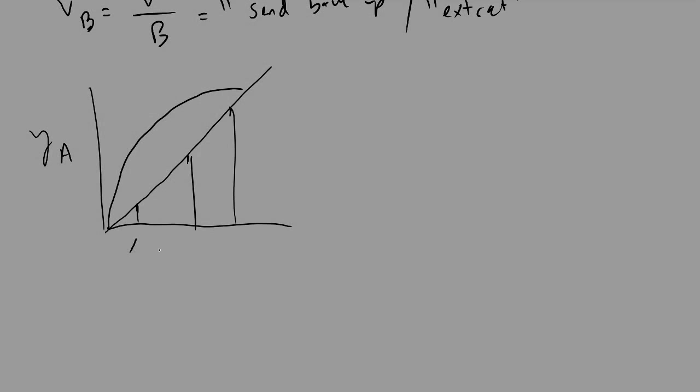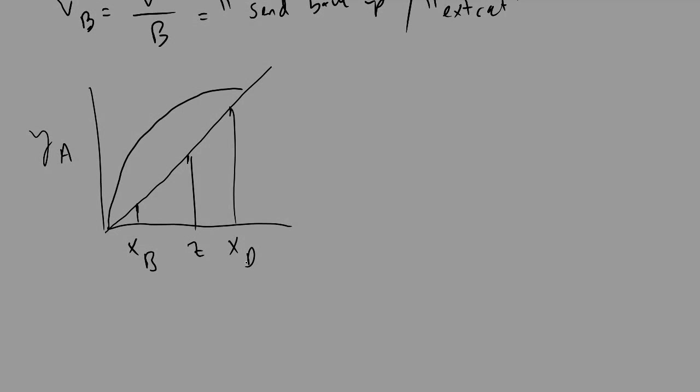The first point here corresponds to our bottoms stream composition. The middle point here will correspond to our feed composition of our more volatile component, and this rightmost x-coordinate will correspond to the distillate composition or molar ratio of our more volatile component.